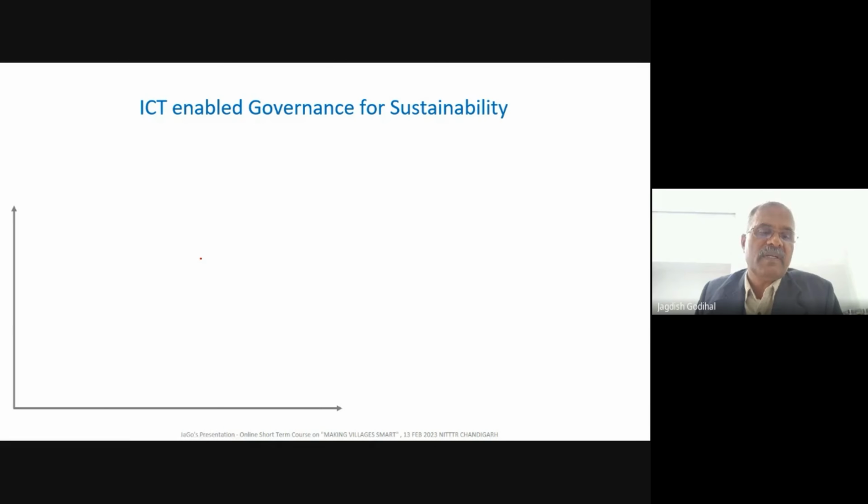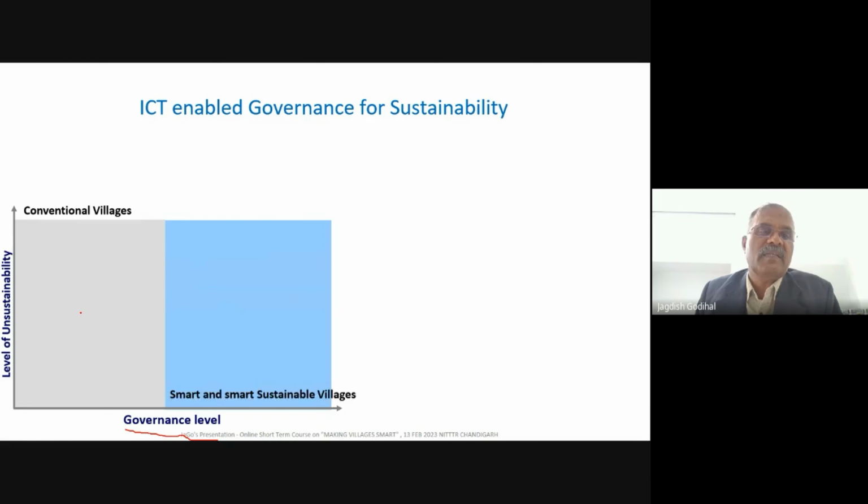Governance is nothing but, if you look at the two quadrant system, or two axis system, on the x axis I'm going to take the governance level, and on the y axis the level of unsustainability in the governance. Now if we take the conventional village, then we have the smart village and the smart sustainable village.